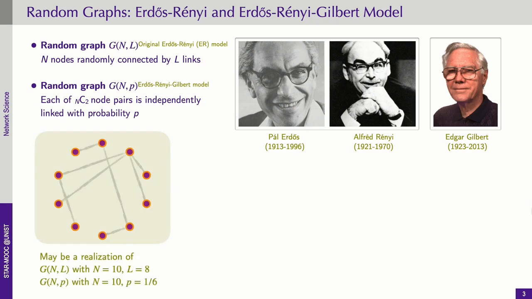This example random graph may be a G(n,L) graph with 10 vertices and 8 edges. Or it may be an outcome of the G(n,p) model with 10 vertices and a linking probability of 1/6.